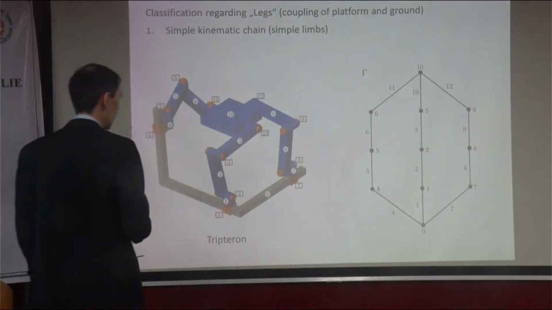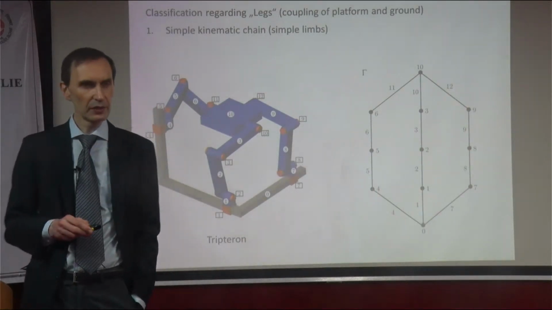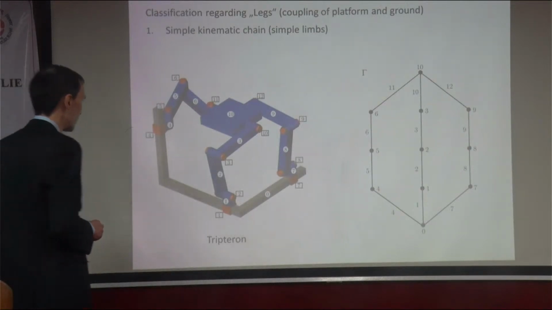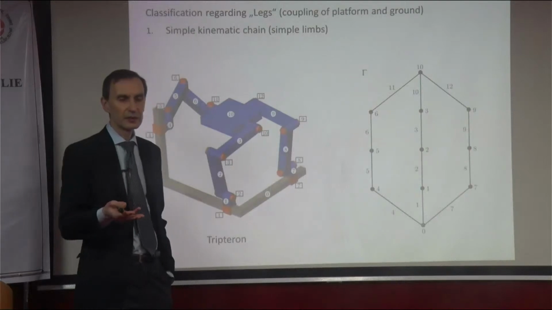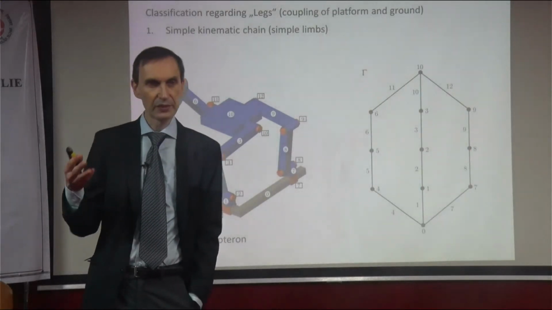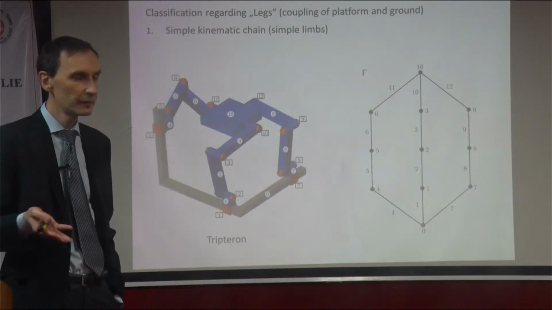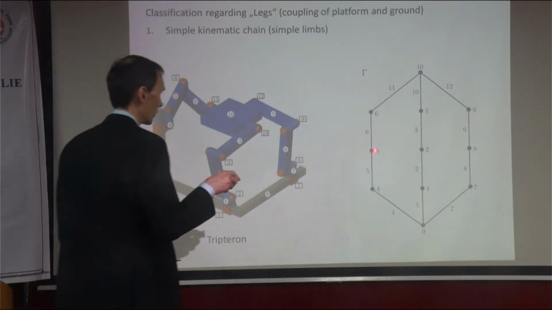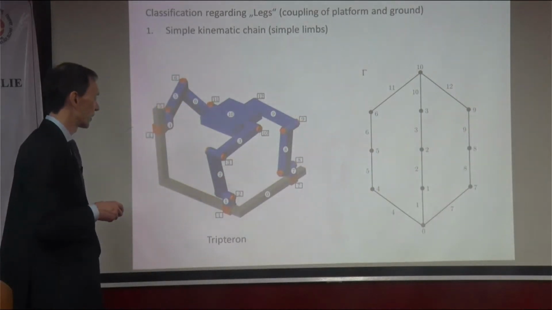Okay, and then we looked into the topology, the kinematic topology, as we call it, and we asked ourselves how to actually represent this. So how do you represent the topology of a robot in general? By using a linear graph, right? So the vertices are the bodies, and the edges are the joints connecting the bodies.